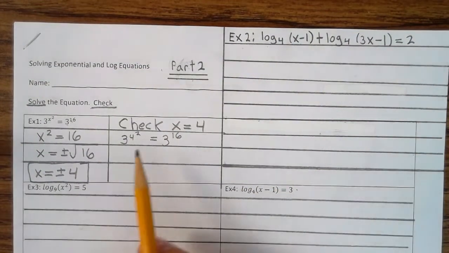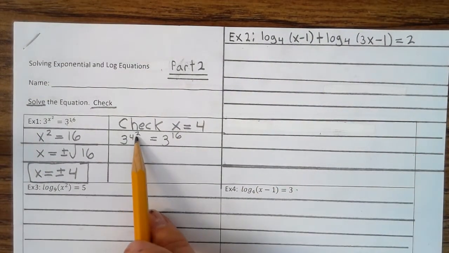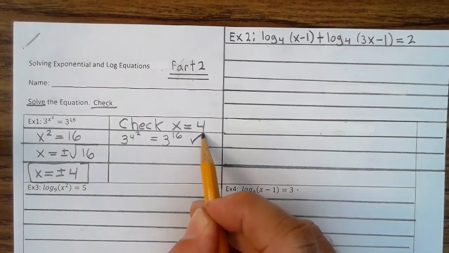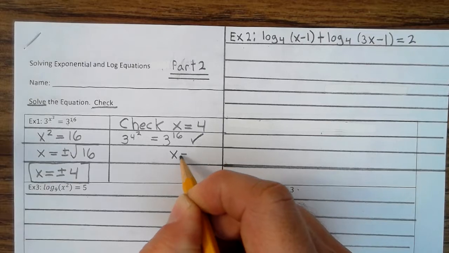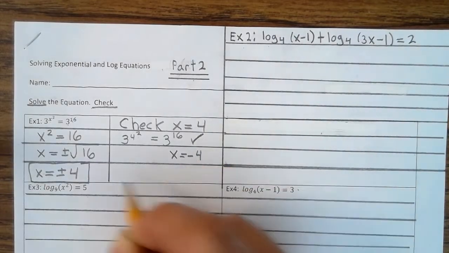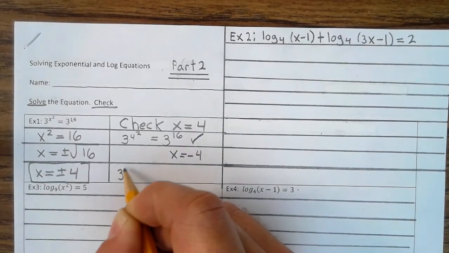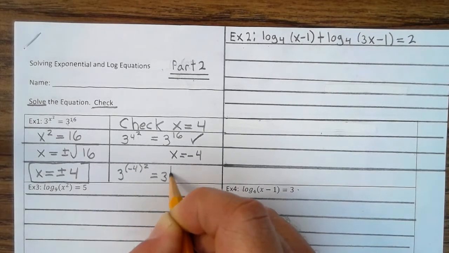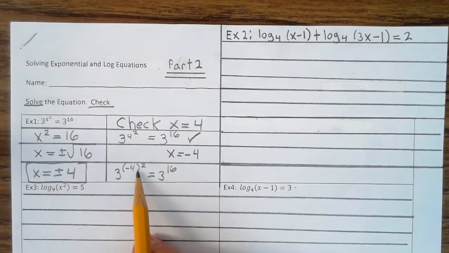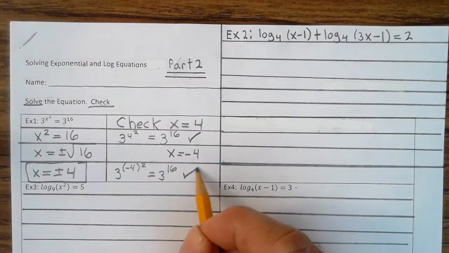Well, we know that that's 16, so that's 3 to the 16 equals 3 to the 16, so that's checked. Okay, so now let's check x equals negative 4. So then that's 3 raised to the negative 4 squared equals 3 to the 16. Well, that's again 16, so those check.